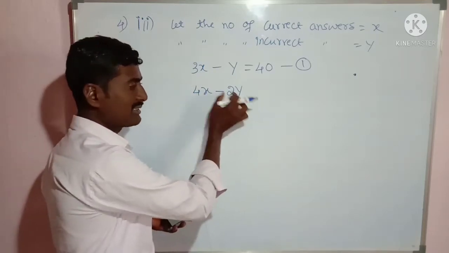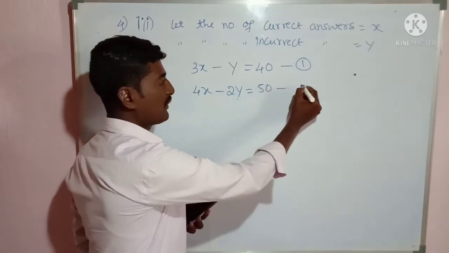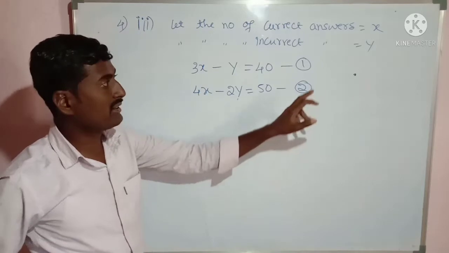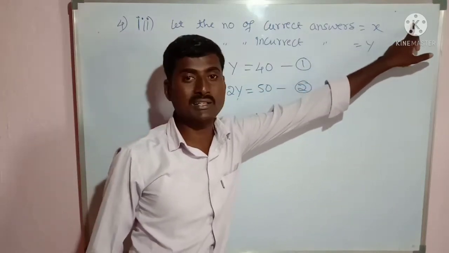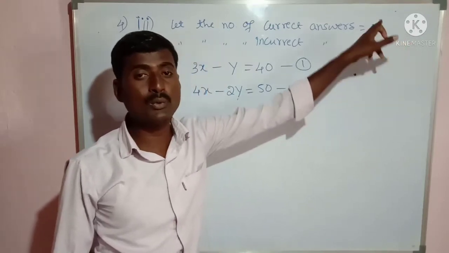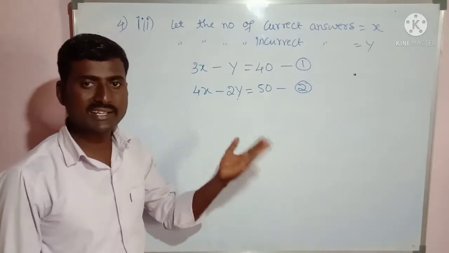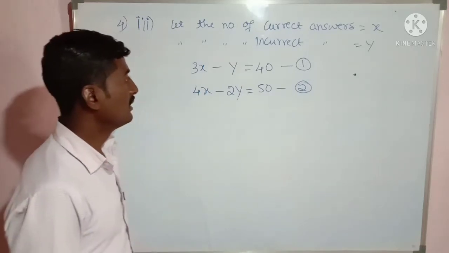Here 2 marks deduction is there, it is 2y, equal to how many marks he got? Total 50 marks he got. Now they ask you to find what? Total number of questions is nothing but total number of correct answers and total number of incorrect answers. We have to add them. Then we will get the total number of questions in the test. It means x plus y we have to find.